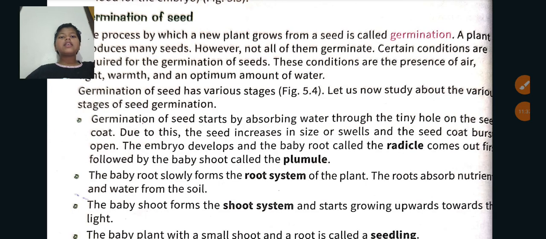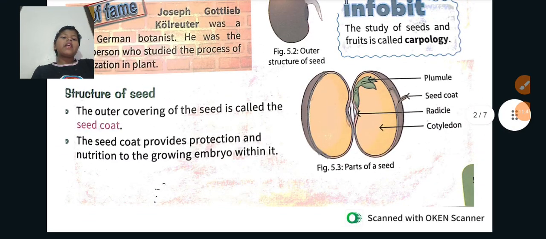Here you can see the germination starting by absorbing water through the tiny hole on the seed coat. If you look, there is a very tiny hole in the seed coat somewhere. Then the water, which I said before is used for the germination of a plant, is very important.